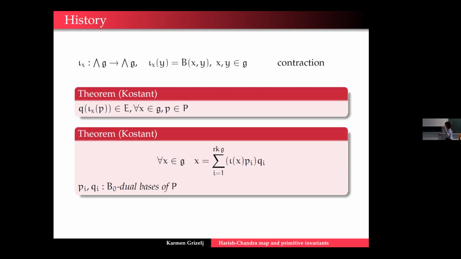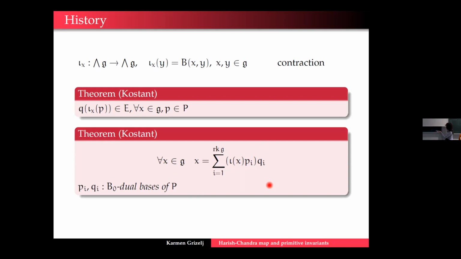We can't express any element of a Clifford algebra like that, but we at least got it for the basic space G. So from the previous theorem, this first part is in E, and the second part is in J because it's invariant.